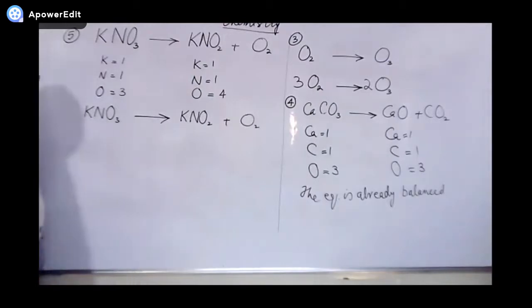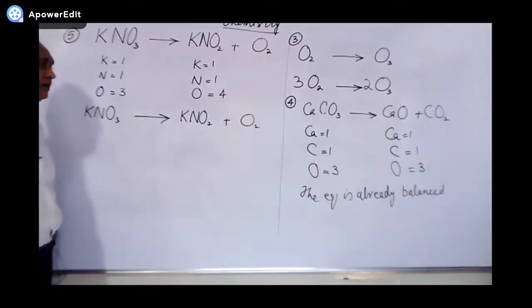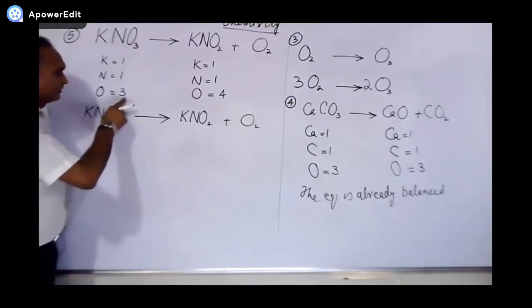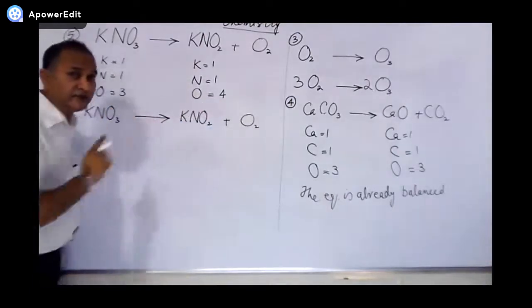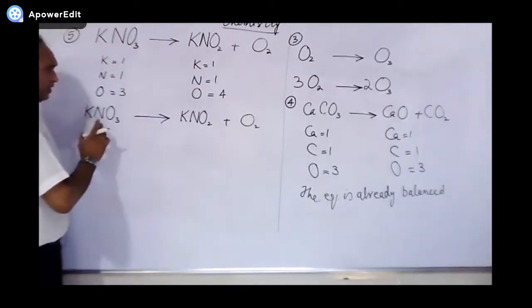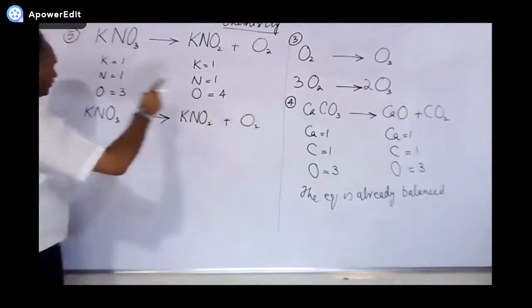We'll try to balance it. Three oxygens, 4 oxygen, consecutive numbers. Okay, so 2 should be transferred over here.